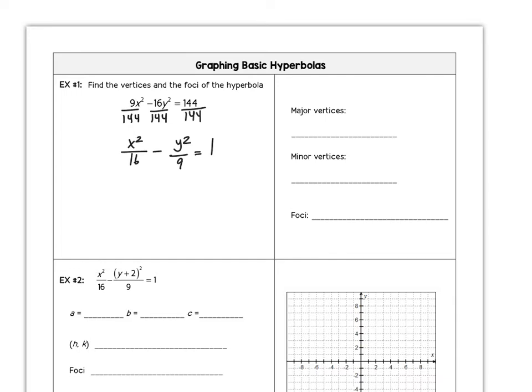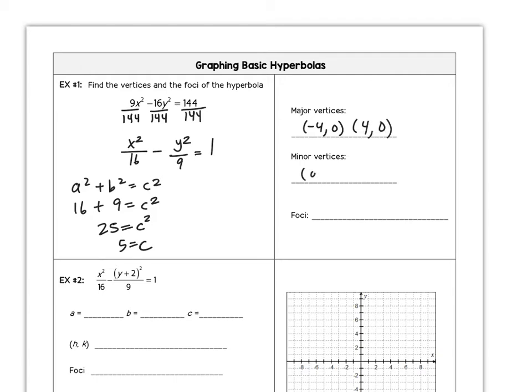So remember, a squared is 16. I know a squared plus b squared is equal to c squared. So I've got 16 plus 9 equals c squared. So c is 5. All right, so when I'm looking for the major vertices, this is going to be negative 4, 0, and 4, 0.